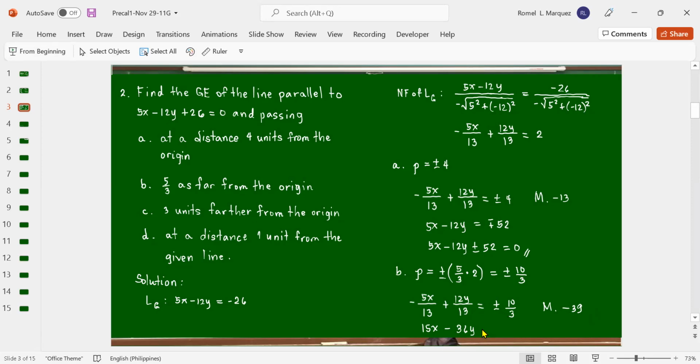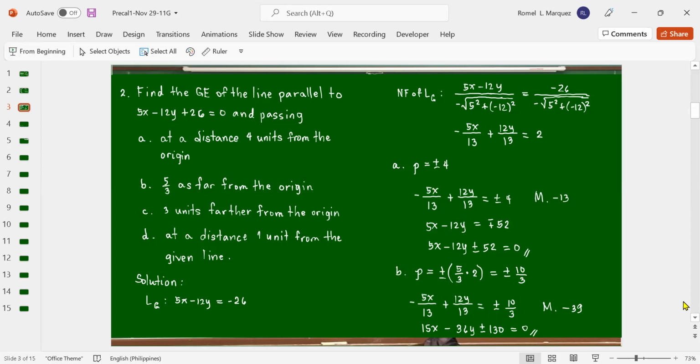And then on the left side, the number becomes plus minus 130. Am I right, children? Equals 0. Okay? That's it for letter B.